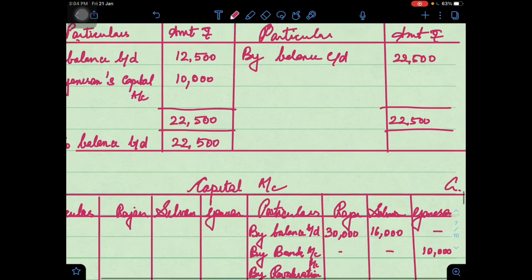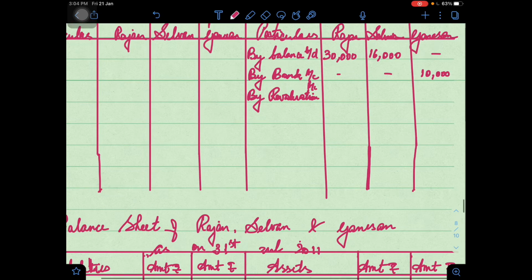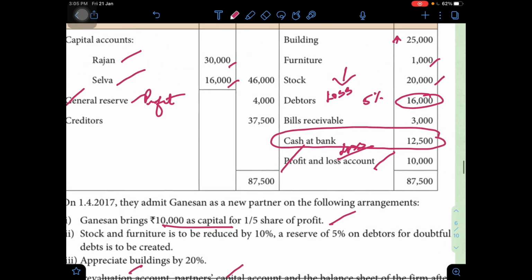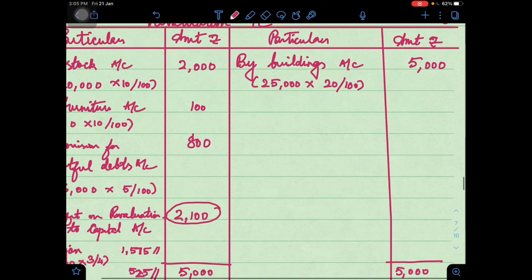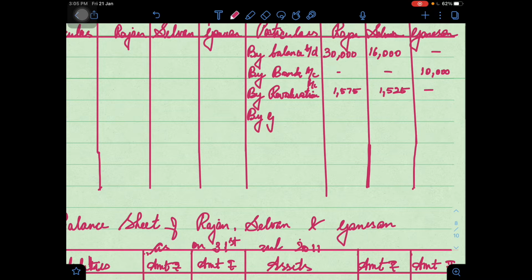1,575 and 525. And then there is one general reserve, isn't it? In the liabilities part. So that 4,000 we will be dividing now in the general reserve account.